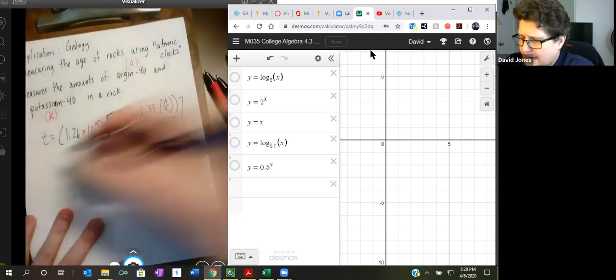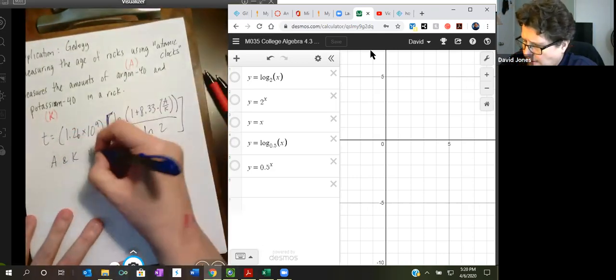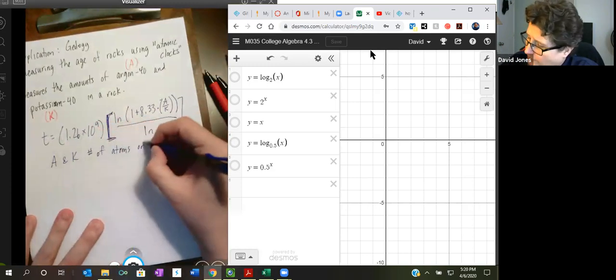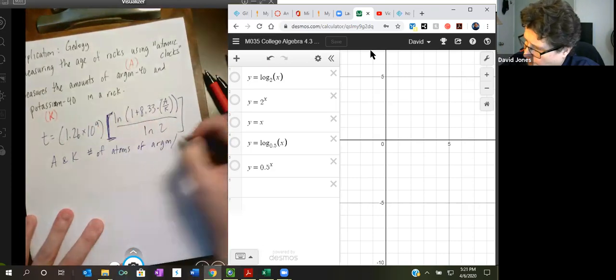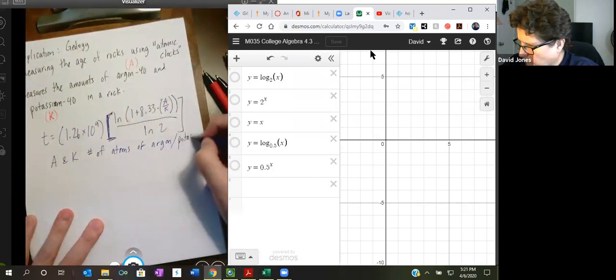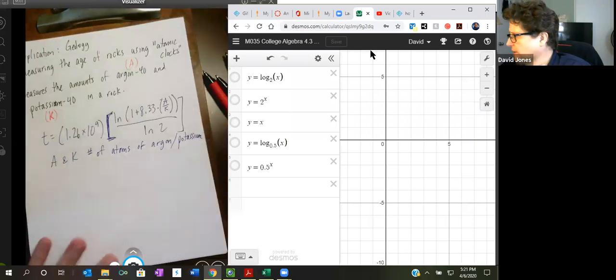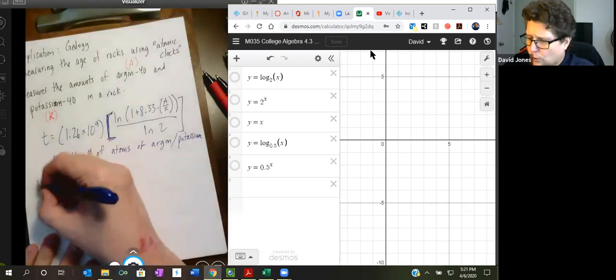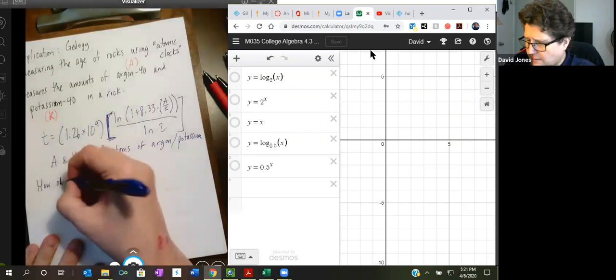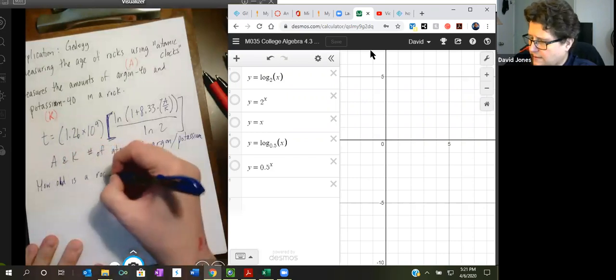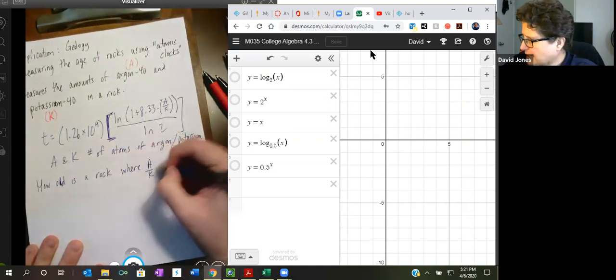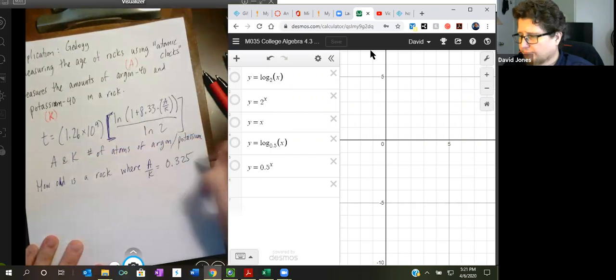And A and K are the number of atoms of argon and potassium. And they might ask, how old is a rock where A over K equals 0.325?